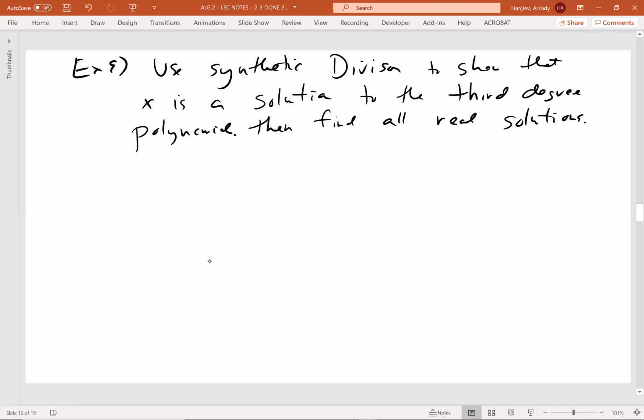Let's do one. This one probably will have to do 2 here. So A. Let's go with this. Here's my third degree polynomial equation right here. Missing x squared, that's okay. I need to show this here. I need to show that -4 is a solution to this equation.